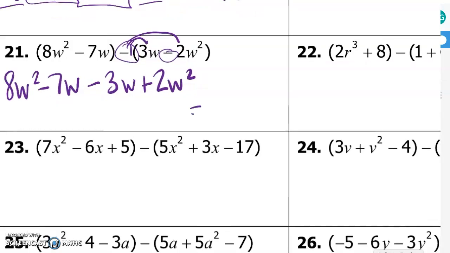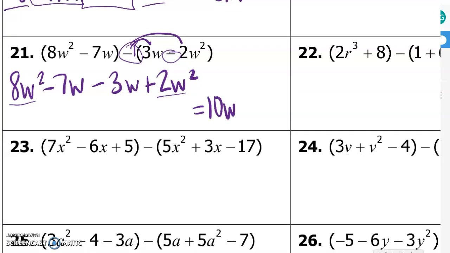We're going to start with our w squared since we're going to put it in standard form. So 8 plus 2 would be 10w squared. Negative 7 minus 3 would give me minus 10w. Again, you can't put those together because they're not like terms. They have different exponents.